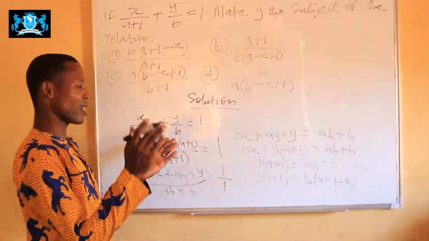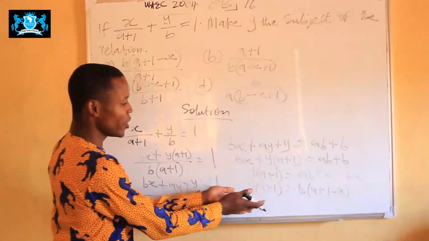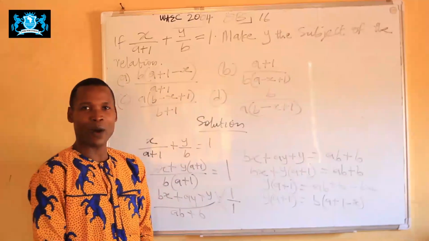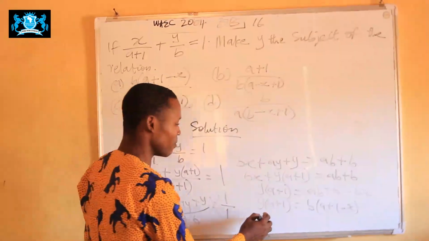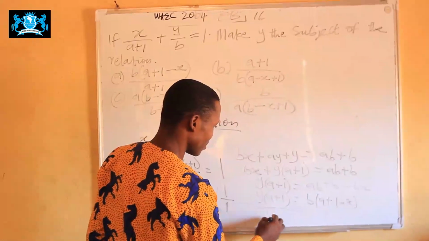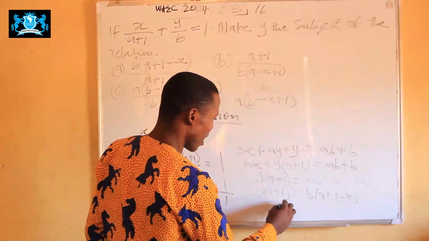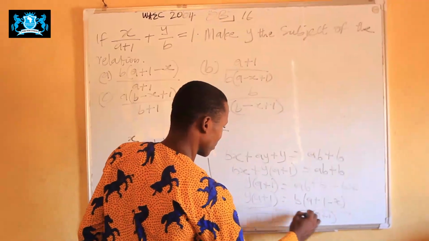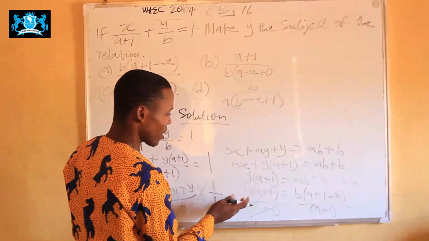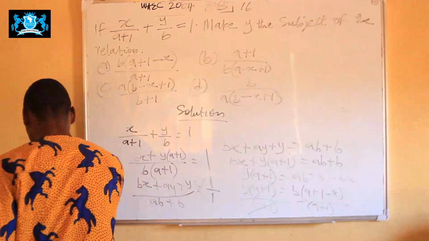Remember, we are trying to make y a subject of the formula. What will you kill here so that y will be all alone? Just remove this bracket. And how do you remove it? Divide both sides by the bracket, a plus 1 all over a plus 1. If you kill and kill, you can find that your y will now be all alone.